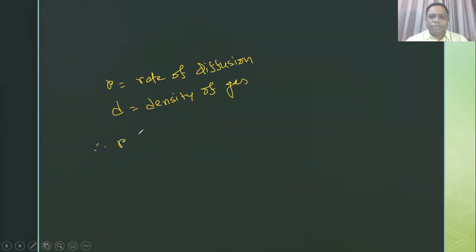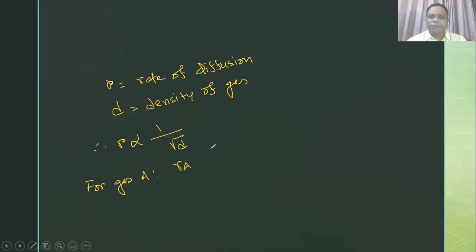Therefore, we can write R ∝ 1/√D. So the rate of diffusion is inversely proportional to the square root of the density of the gas at a particular temperature and pressure.